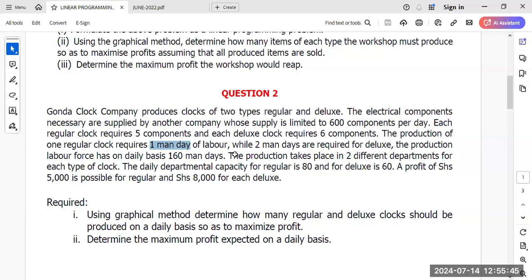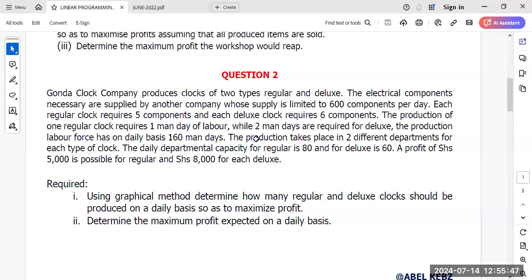We continue. Next here, they are telling us that the production takes place in 2 different departments for each type of clock. Okay? Here there is nothing, they are just giving you a hint.